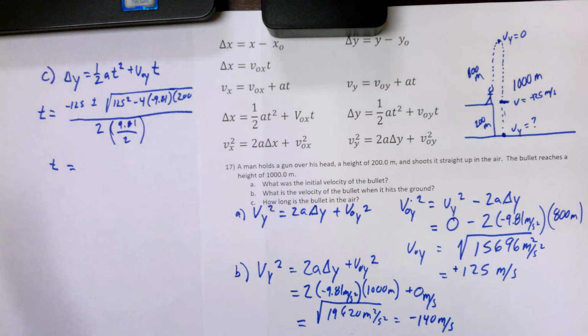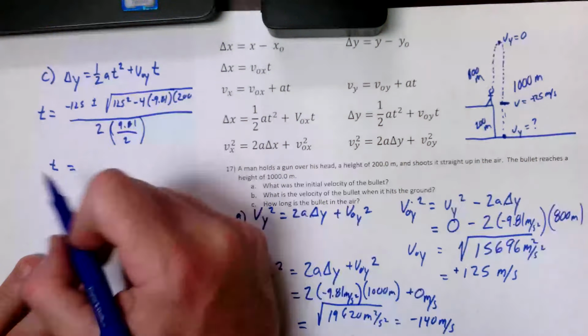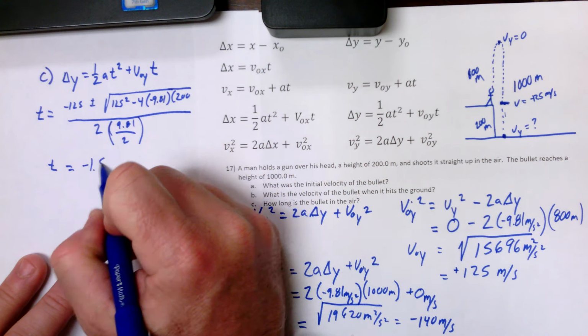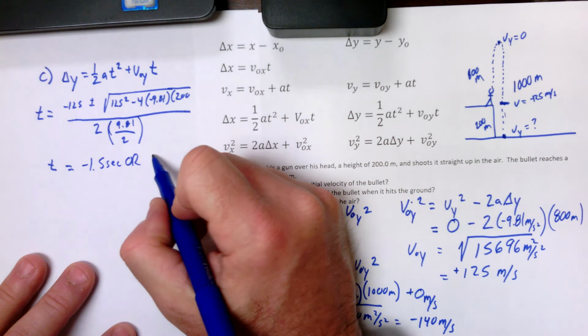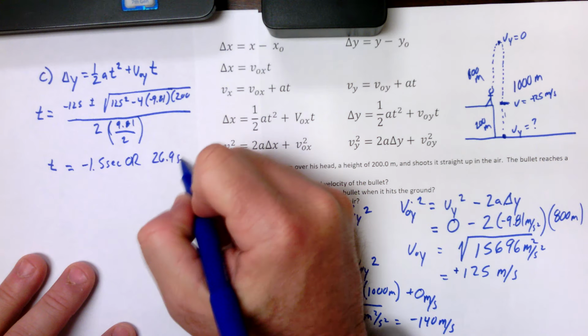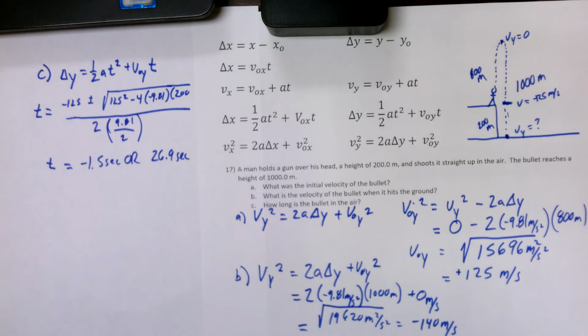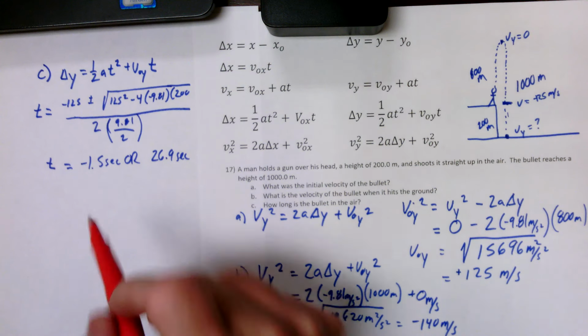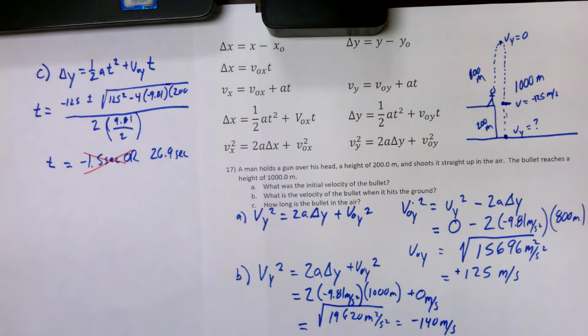So I solve this, and after I do the quadratic formula, I get negative 1.5 seconds or 26.9 seconds. Well, you can't have a negative time for this occurrence to happen. So you definitely know it's not that. It's got to be positive 26.9 seconds.